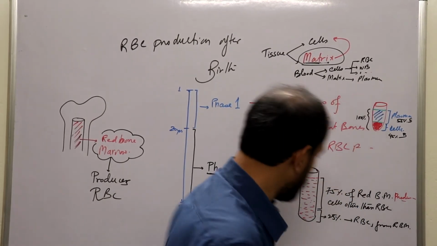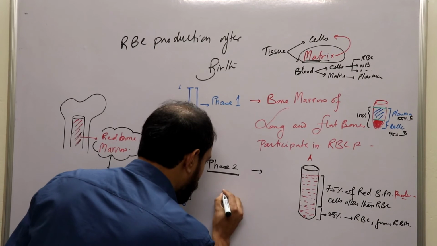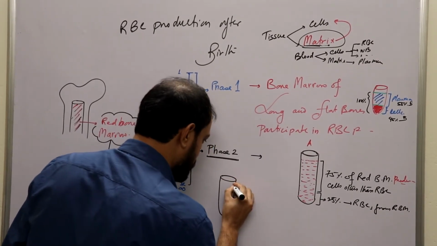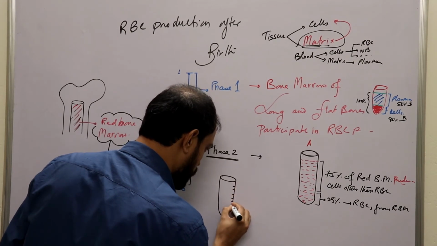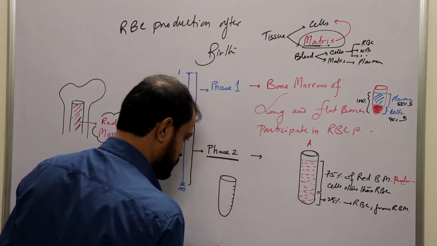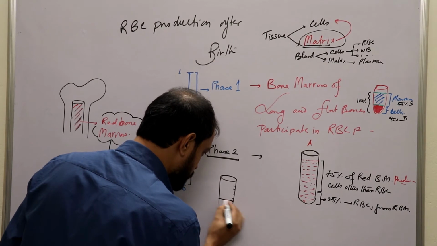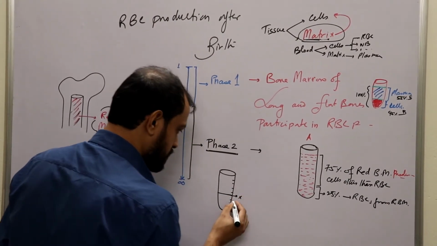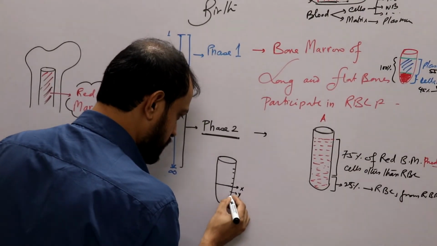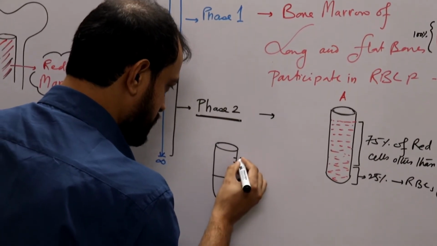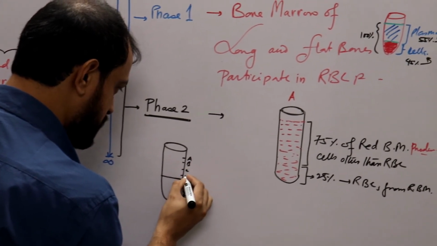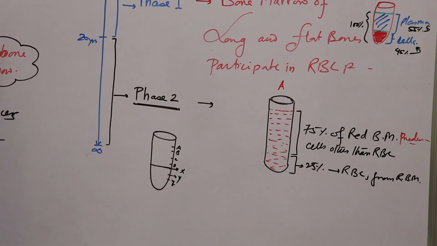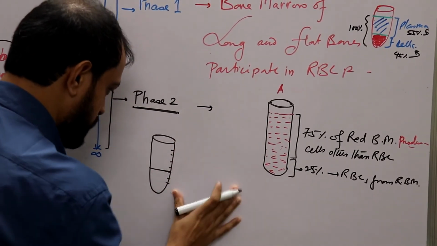Listen, if you take hematocrit tubes like this, there are some markings, 1, 2, 3 and so on.